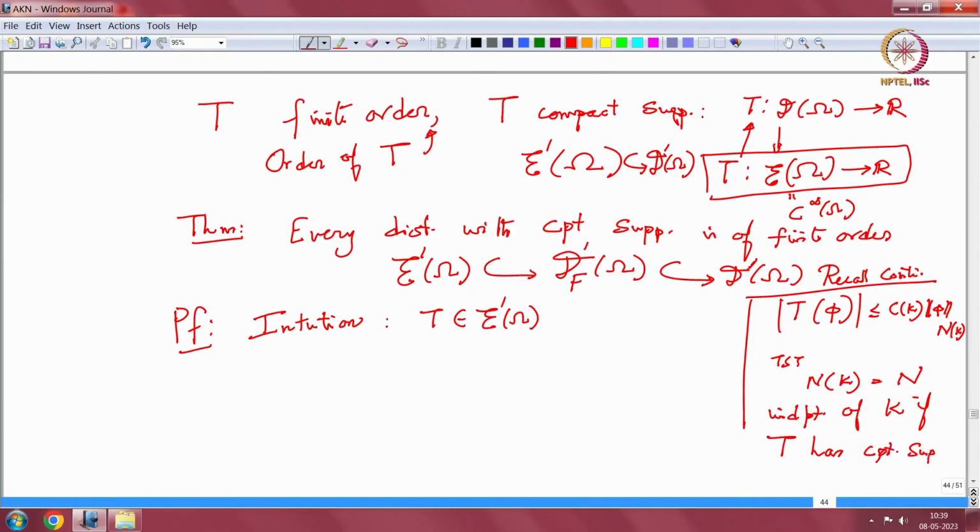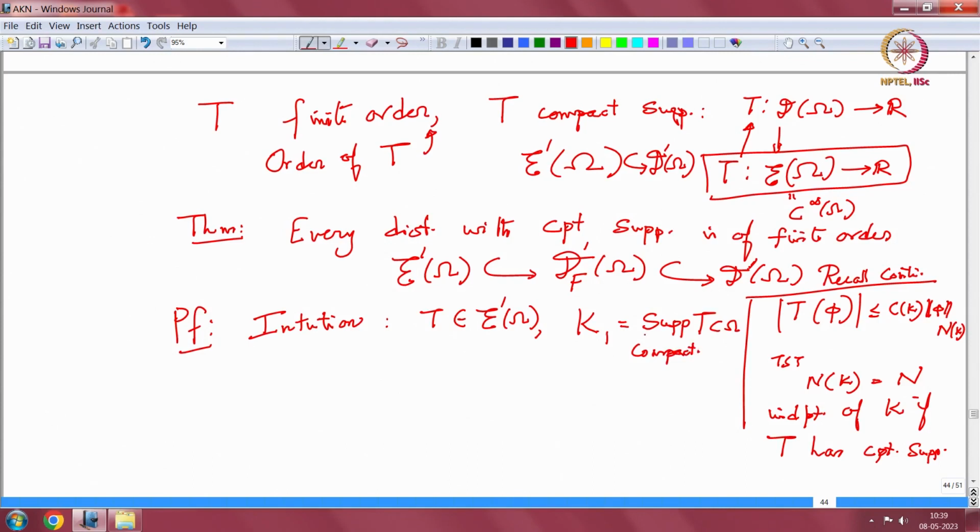Okay, so look at the idea. Let me take K1 equal to the support of T, which is contained in omega, compact.